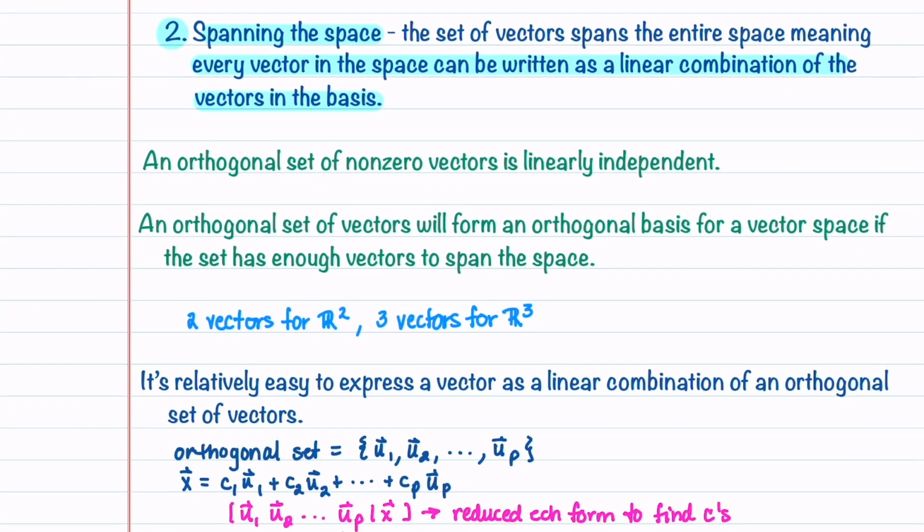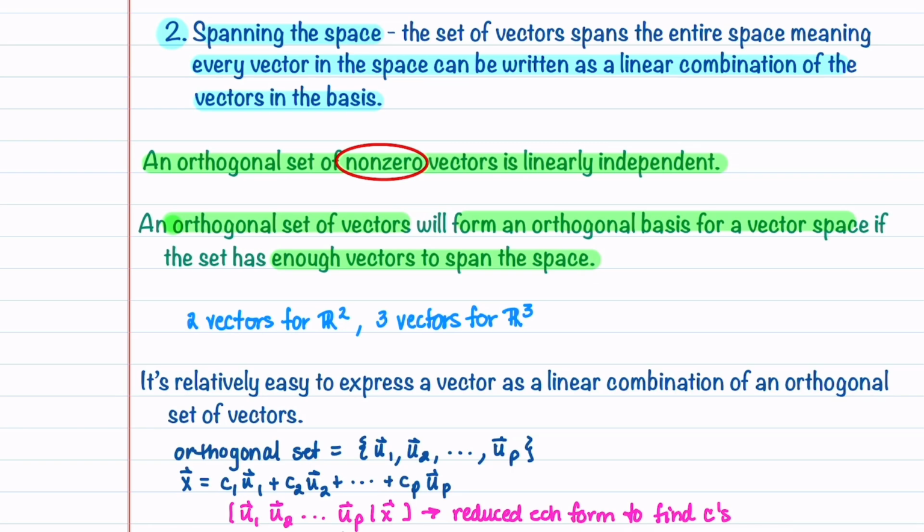By definition, an orthogonal set of non-zero vectors is linearly independent. Notice the word non-zero. If an orthogonal set contains the zero vector, it is not linearly independent. Since an orthogonal set of vectors is linearly independent, this set of vectors, as long as it doesn't contain the zero vector, will form an orthogonal basis for a vector space if the set has enough vectors to span the space.